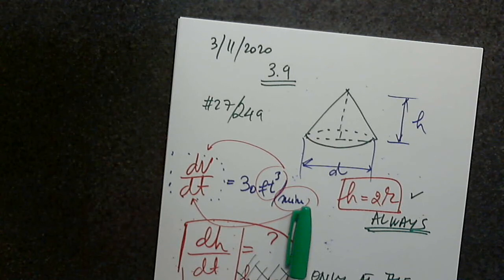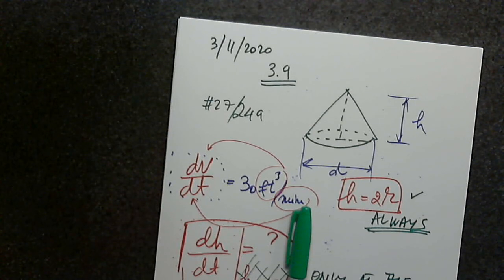So step 1, I look for an equation that relates what I'm given to what I'm asked. Then I create an equation that will have not the functions in them, or maybe even the functions, but I'm interested in the rates of change.